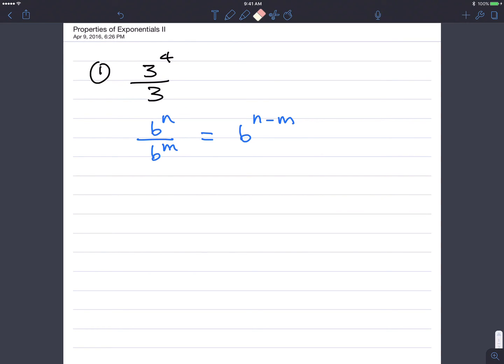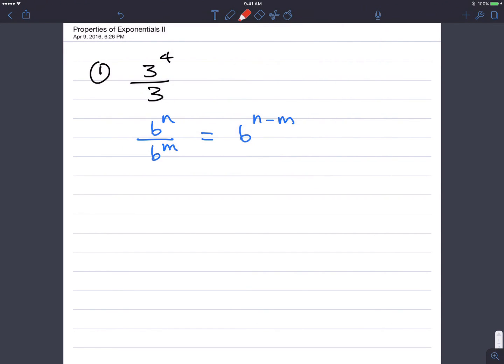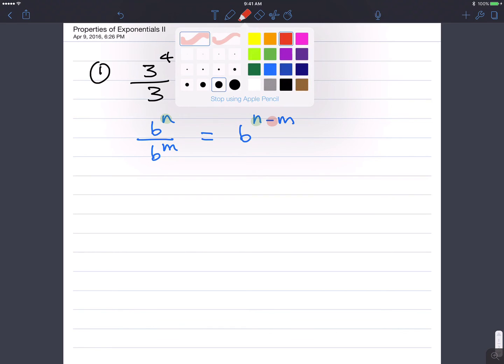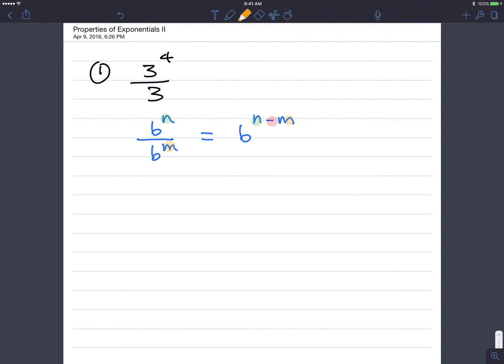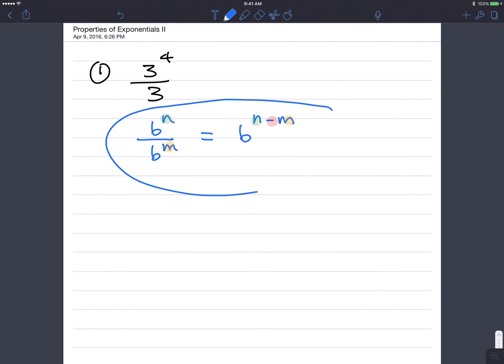Notice that we have this top power, that's on the left, and we subtract the bottom power, and that's on the right. So you're going to take n minus m and you're going to keep the base. And this is the property that we're going to use when we divide two exponentials with the same base.